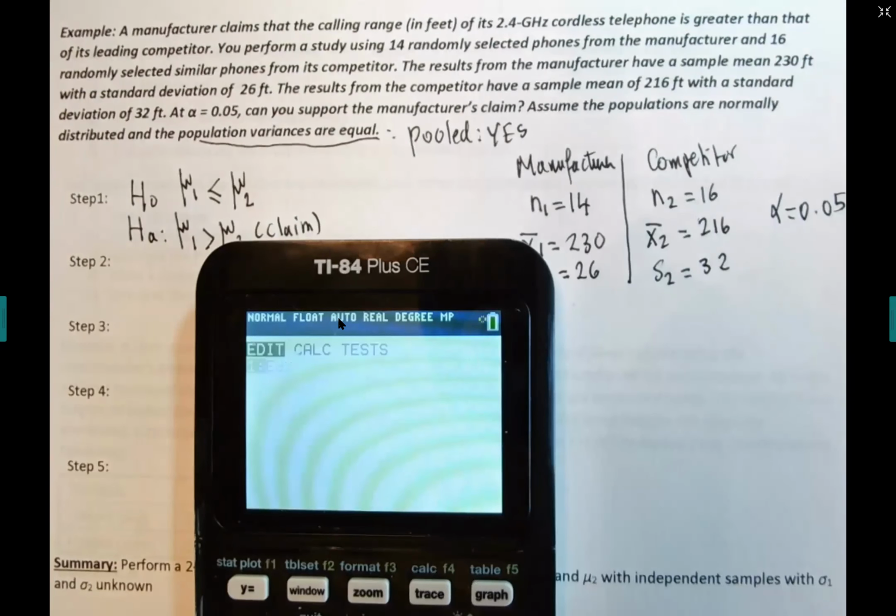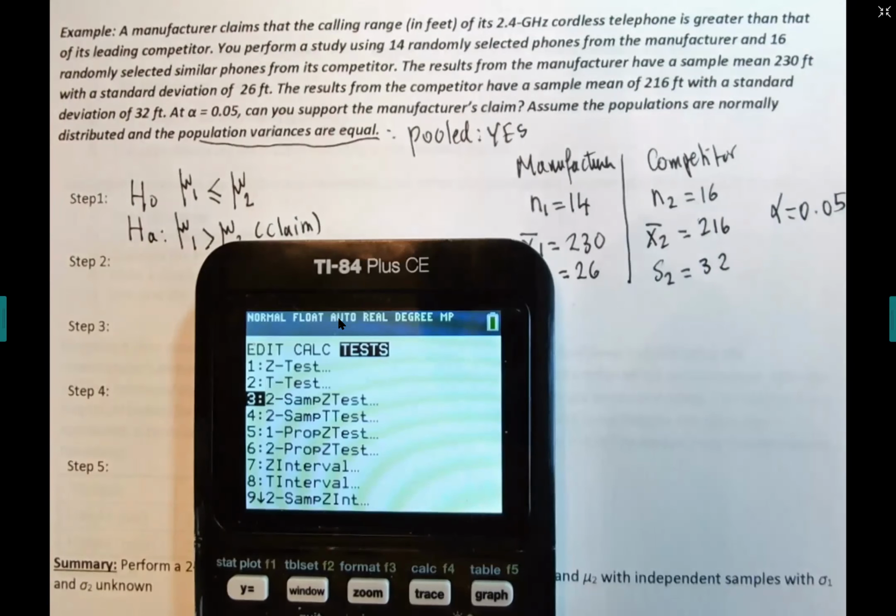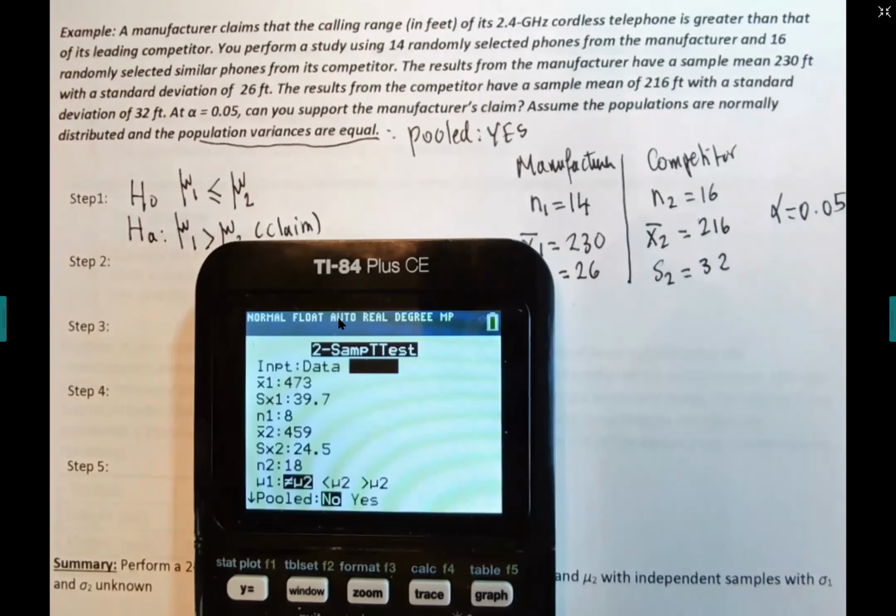So stat. And no more new stuff for today, guys. So that's it. Just those 2 sections. So x1 bar. So it's a statistics. So x1 bar is what? 230.